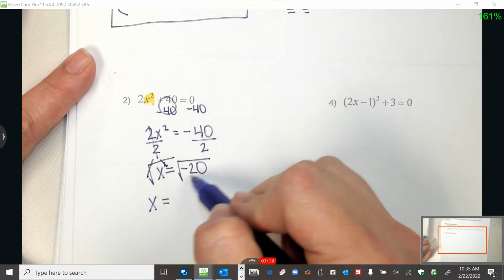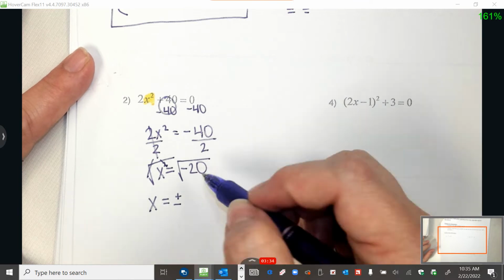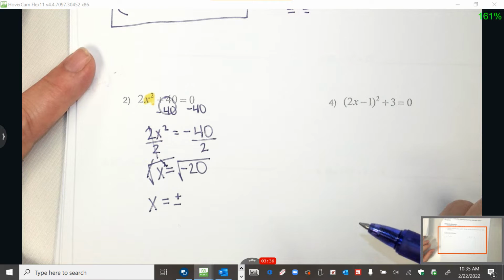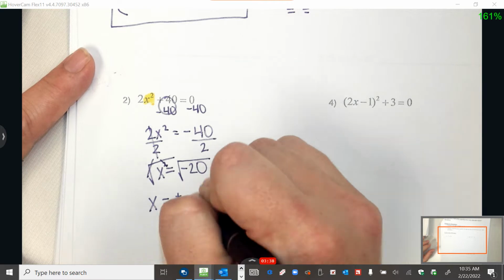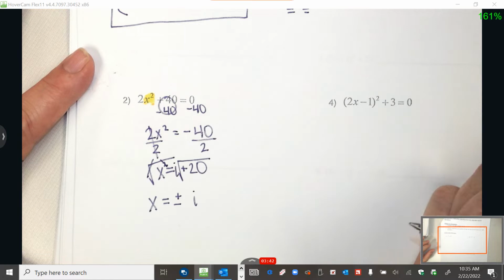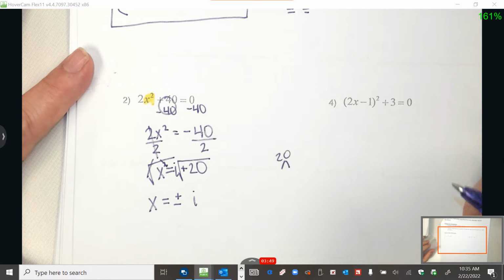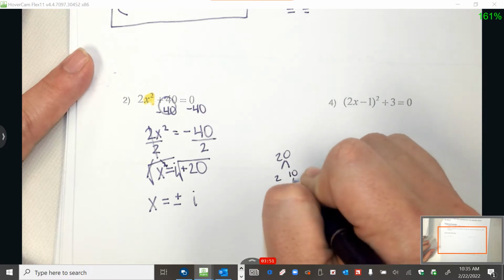Well, here I took the square root of a number, so it's going to be a positive and a negative. What else do we have to do when we do the square root of a negative? There's going to be an i. Now, I left space just in case I take a number out, because we change it to positive and put an i out front. So what's 20 broken down, because it's not a perfect square? 2 and 10. What else?